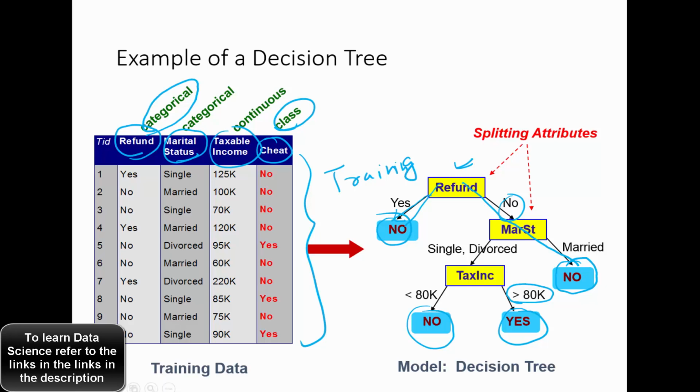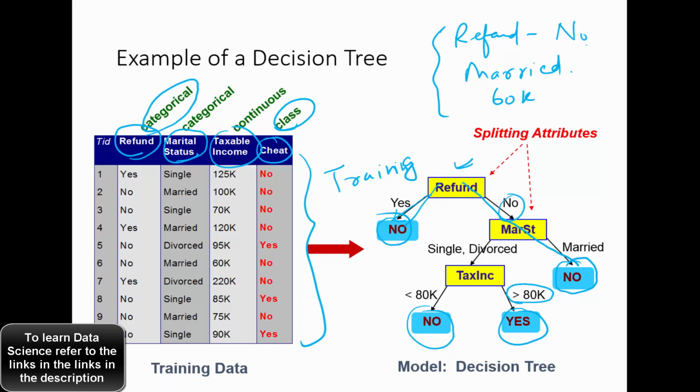So if the given condition is that someone does not refund, is married, and has an income of 60K, what is going to be his status, whether he's going to cheat or not?